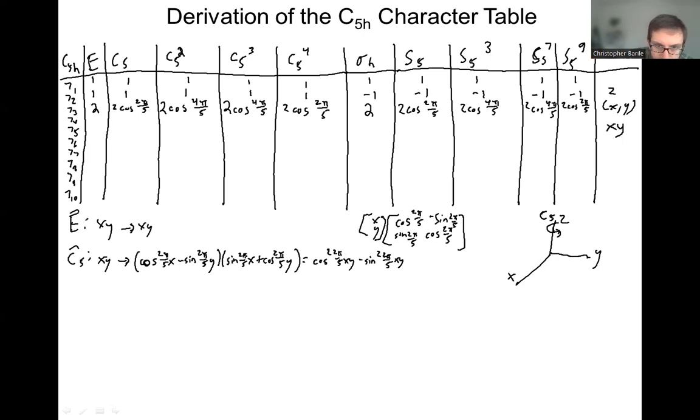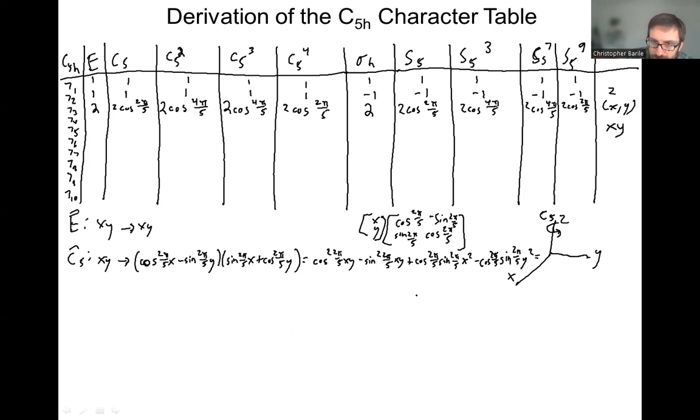And then the same terms, x times x, gives us an x squared: cosine 2 pi over 5 sine 2 pi over 5 x squared. And then we have a minus, the same term but with a y squared: cosine 2 pi over 5 sine 2 pi over 5 y squared.